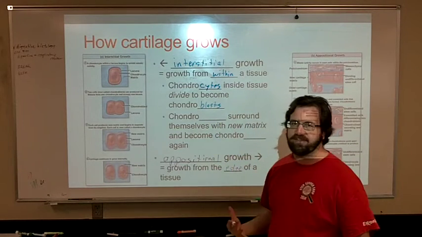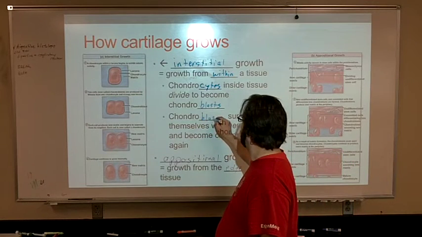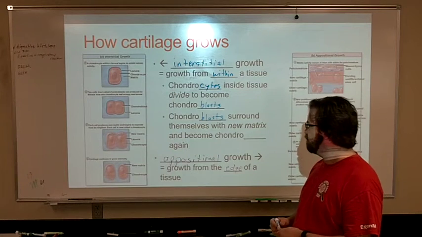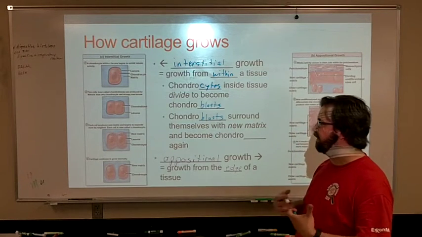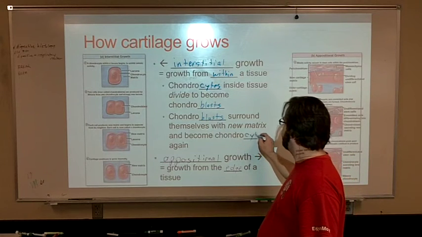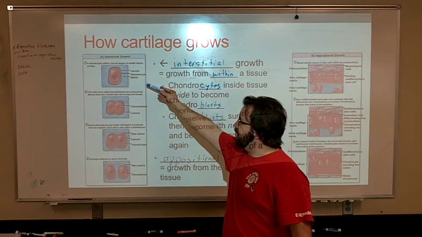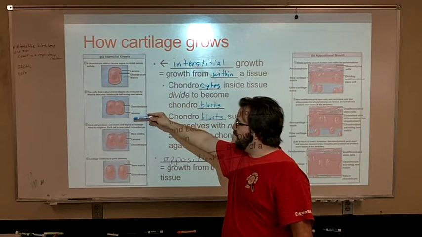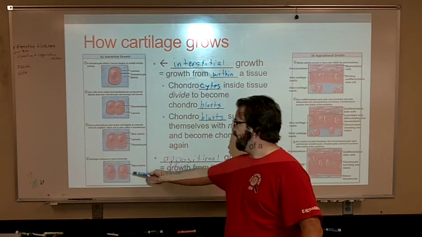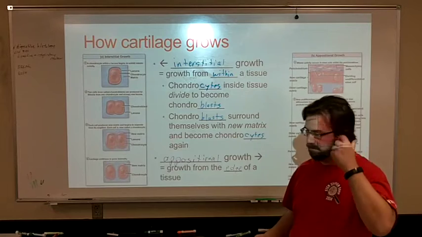Now, as you know, a blast cell is a builder cell, so chondroblasts are going to build new tissue. They're going to surround themselves with new matrix. But then the odd thing happens that once they're fully surrounded by new matrix, they become chondrocytes again. And what you have done is taken one chondrocyte, turned it into two chondroblasts, surrounded each of those chondroblasts with new tissue, and you've ended up with two chondrocytes surrounded with tissue again.